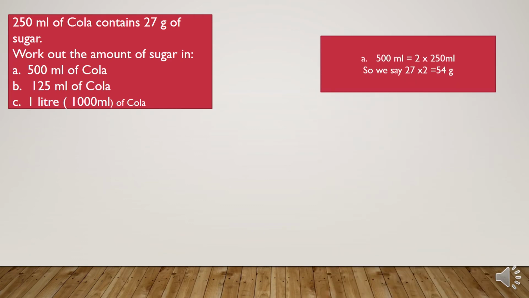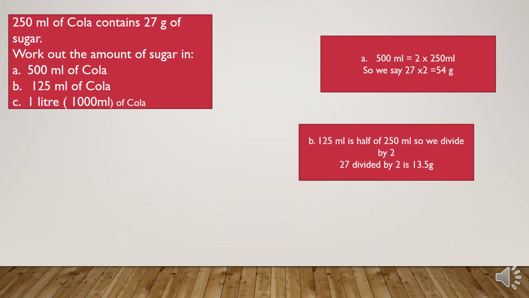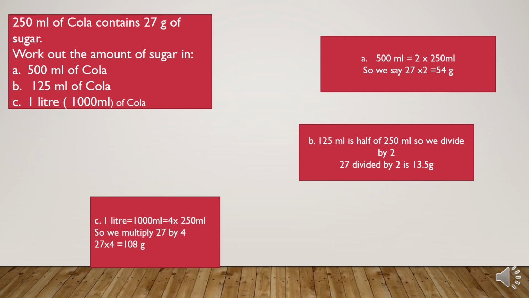So we have to say 27 times 2 to get 54. 125 is half of 250, so you have to say 27 divided by 2. 1 liter is 1000 milliliters, so 1000 milliliters is 250 times 4. So to get the answer, you have to say 27 times 4. We did this because these are proportional to each other. So what happens to x happens to y, as we said before.